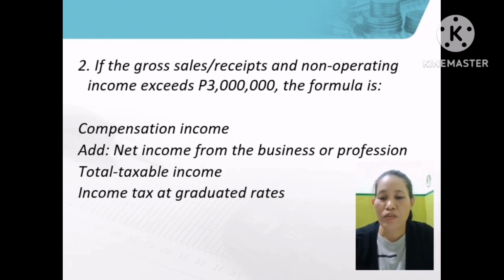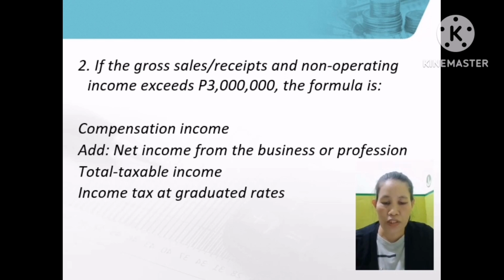Yung pangalawang rules, if the gross sales receipts and non-operating income exceeds 3 million, the formula is compensation income and then add net income from the business or profession and then yung total taxable income and income tax at graduated rates.